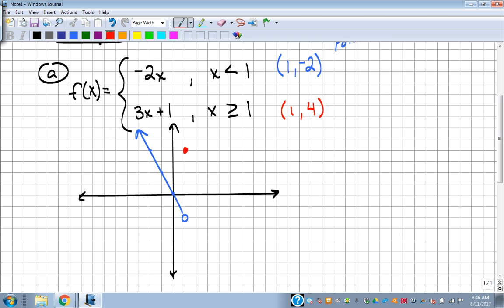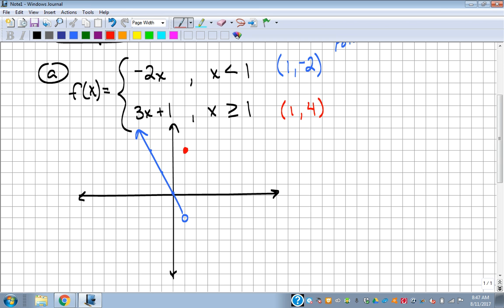Okay, so we're going to have some open circles. We're going to have some filled in circles for dots and points. And then what do I know about the line 3x plus 1? The y-intercept is 1, but do we even go to the y-intercept on this one? Why not? Because the x value for the y-intercept is 0, right? And our inequality doesn't include 0. It's all greater than or equal to 1.